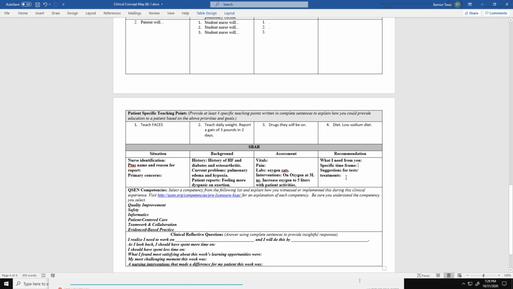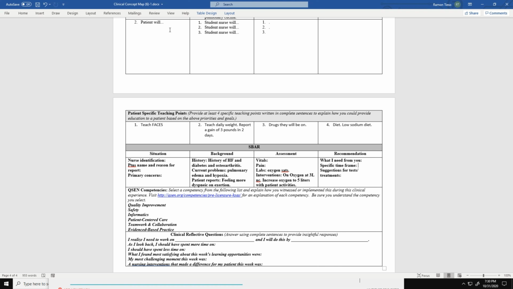Suggestions for tests and treatments, right? You can say, we haven't gotten a chest x-ray on him since his admission. Would you like another one of those, right? Something like that. Or let's say that you started them on an ACE inhibitor, and you look at this and you don't have any electrolytes in the chart in your labs.